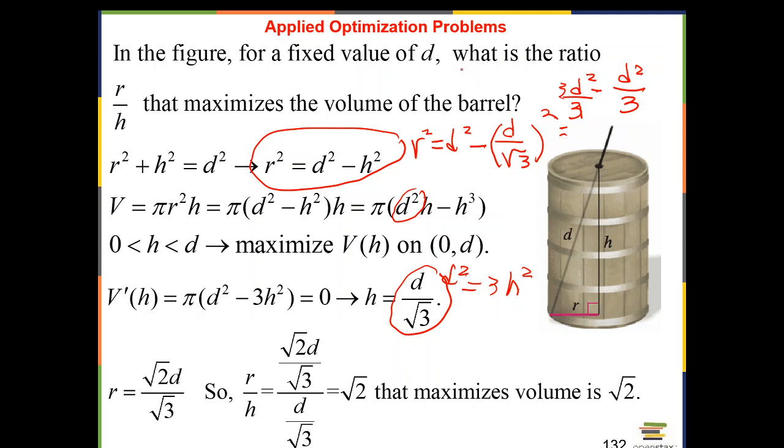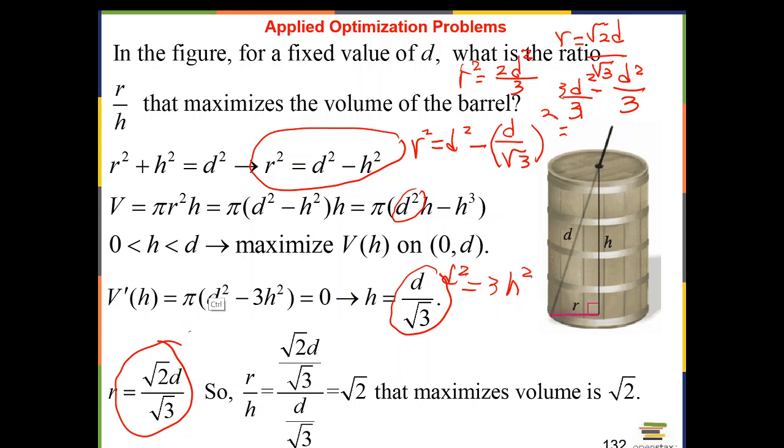So r squared is going to be 2d squared over 3. So what is r? R is going to be square root of 2 times d over square root of 3. So that's our r.